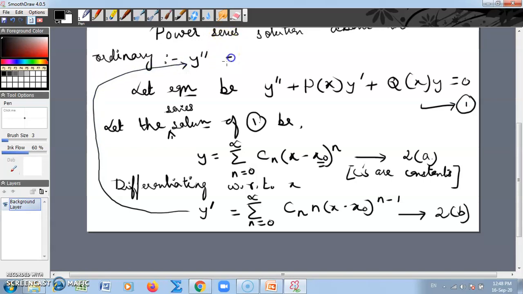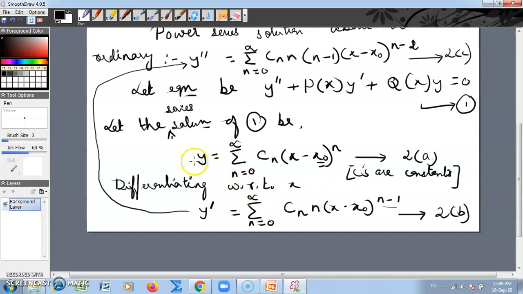So y double dash is again equal to summation n goes from 0 to infinity, Cn n, then again from here we get n minus 1, (x minus x naught) the whole to the power n minus 2, because we differentiated again. So this is 2c.